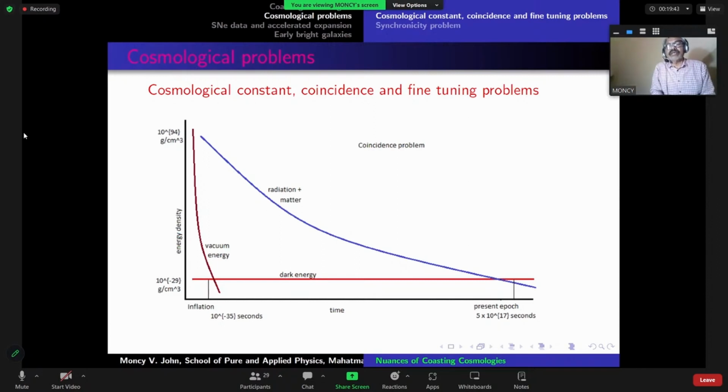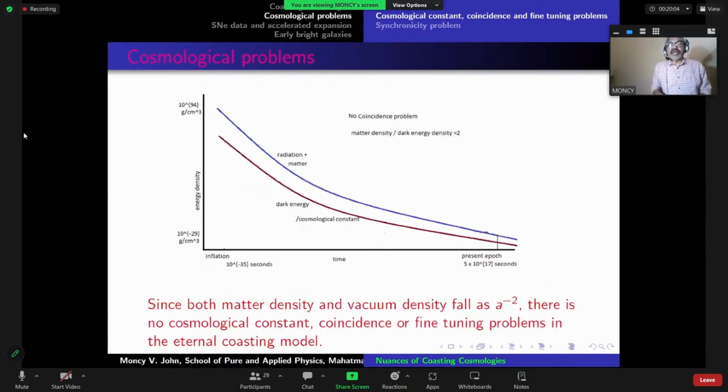So this can be only an extreme coincidence. And especially the vacuum behaving in this particular way can be achieved only by some extreme fine-tuning. So this is the origin of these problems.